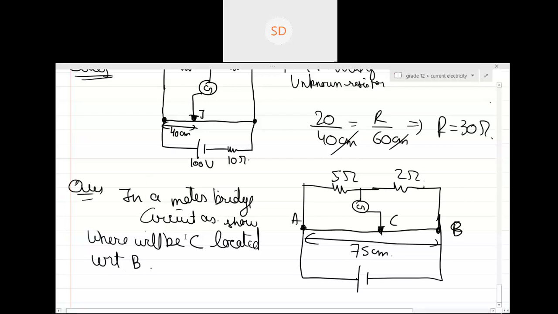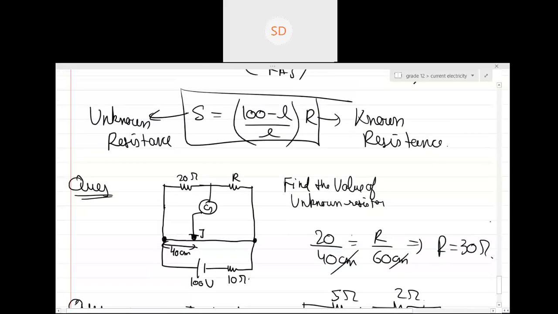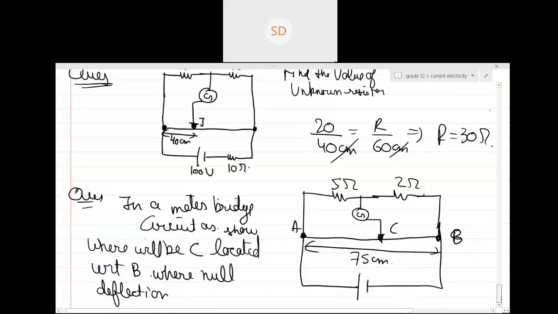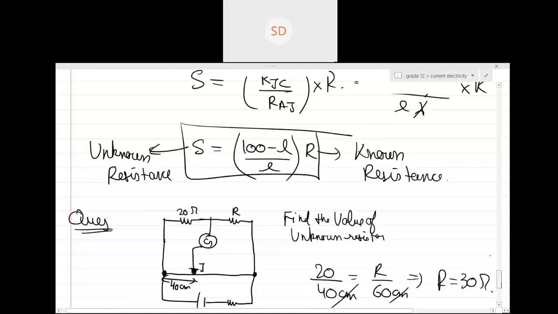In the previous question you can use the formula because it was a 100 centimeter wire, and they didn't change the length. Here in this case I have drawn it. Can you see over here that this length is not 100 centimeters, this is 75.